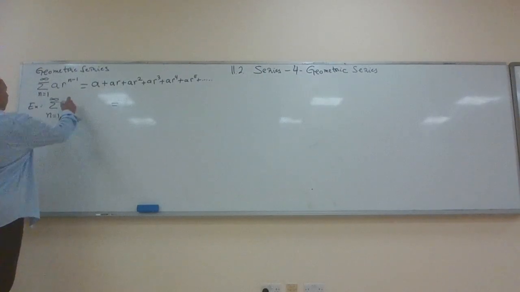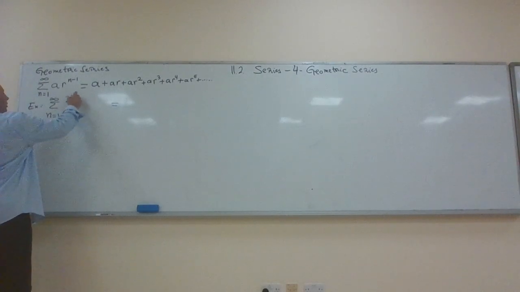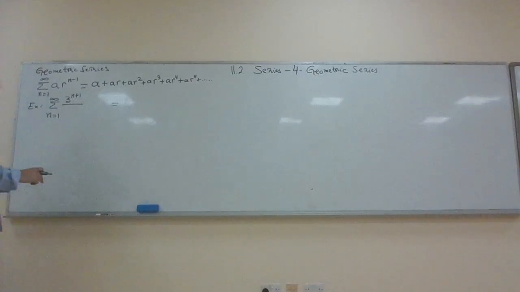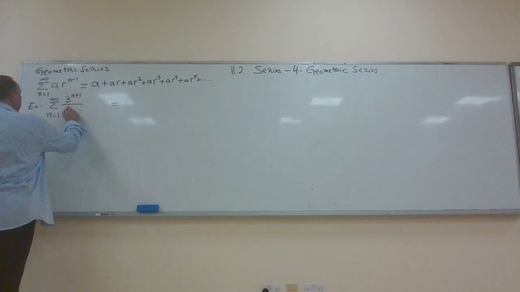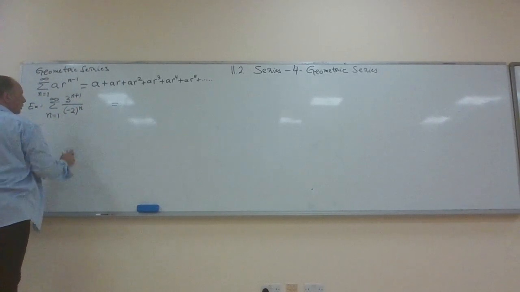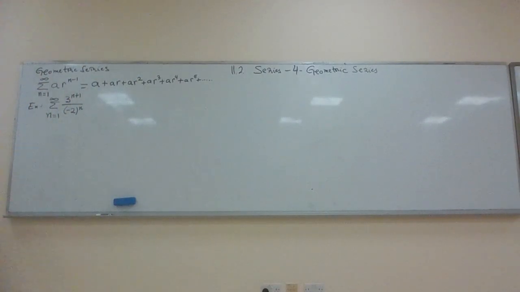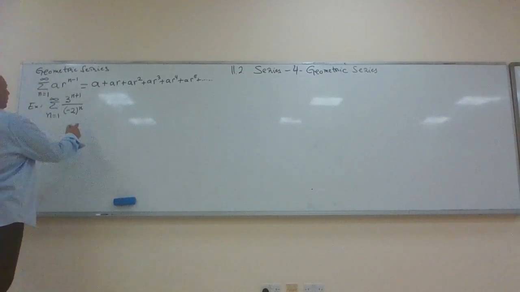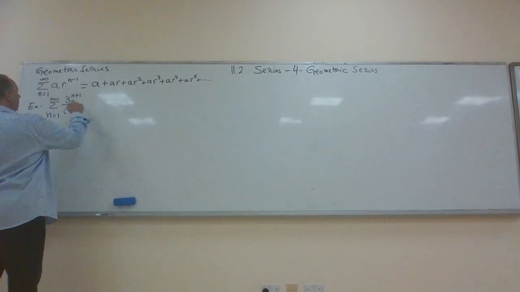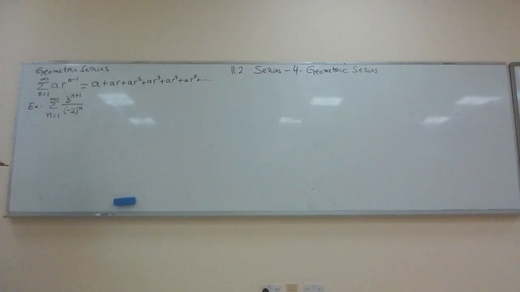So let's say we have something like this divided by, let's say negative 2 to power n. We just write something a little bit more challenging. So here we see the situation is a little bit different.